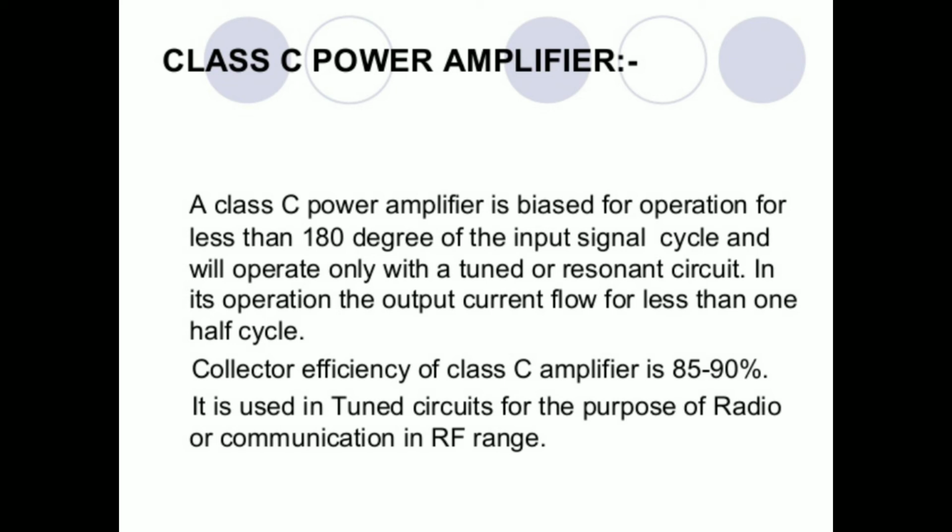Class C amplifier biasing is done in such a way that collector current will flow for less than 180 degree of the cycle, and it will operate with a tuned or resonant circuit. But the beauty of class C amplifier is that the efficiency is very good. It is 85 to 90%. So it is used in radio communication, in the RF range, radio frequency range.